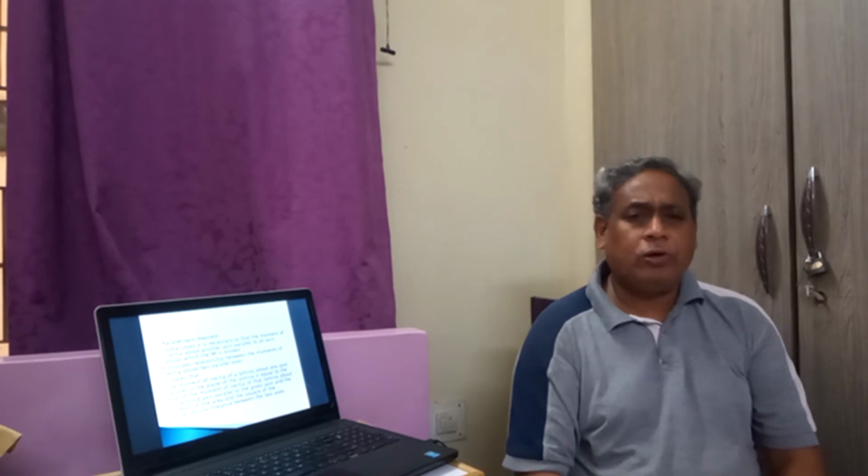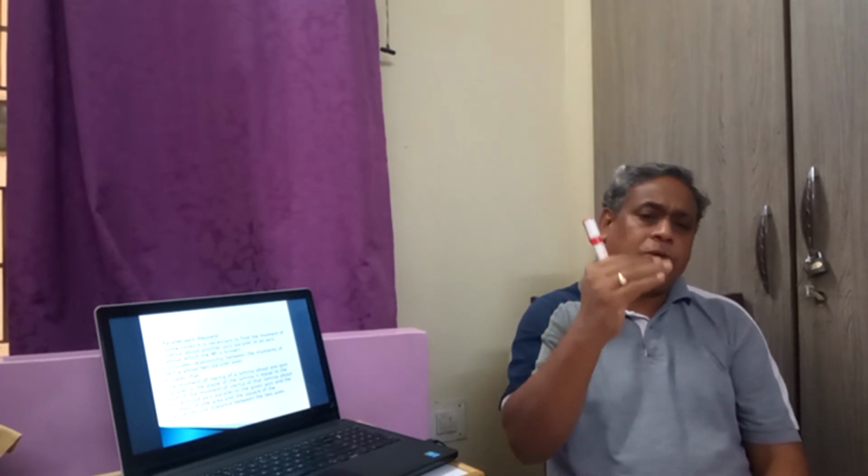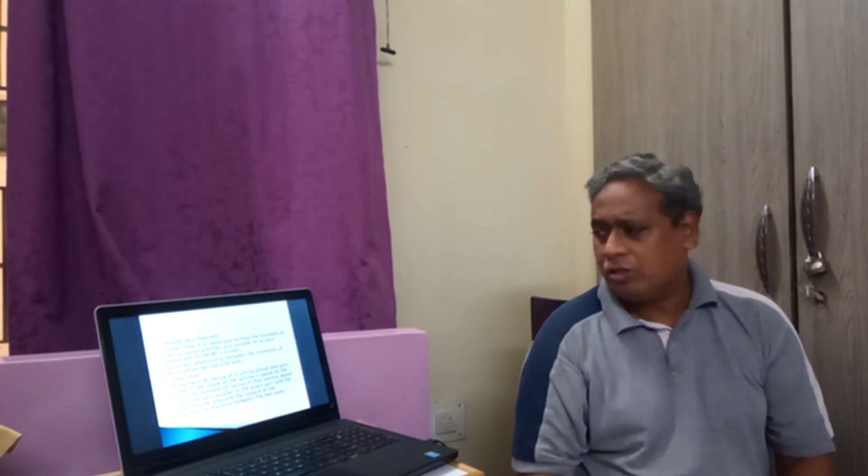Sometimes it is necessary to find the moment of inertia about another axis parallel to an axis about which the moment of inertia is known. So let us suppose we know the Ixx, that is about the centroid. Suppose we want to find the moment of inertia at some other axis which is parallel to that x-axis at a distance of d.